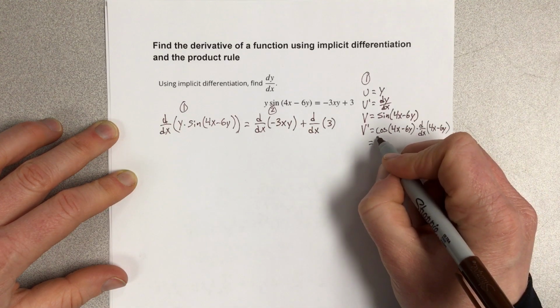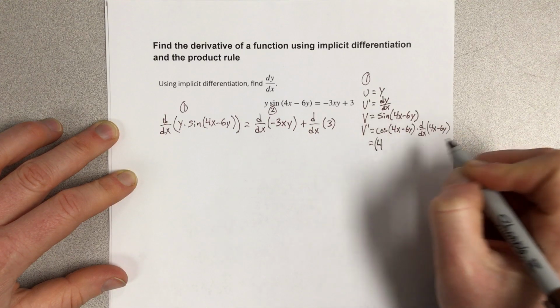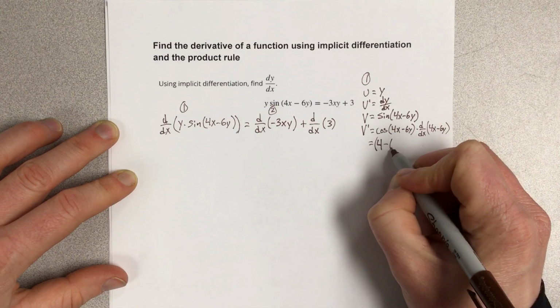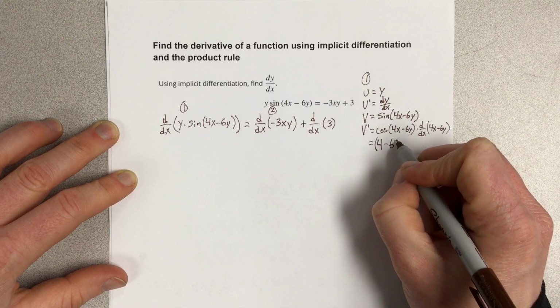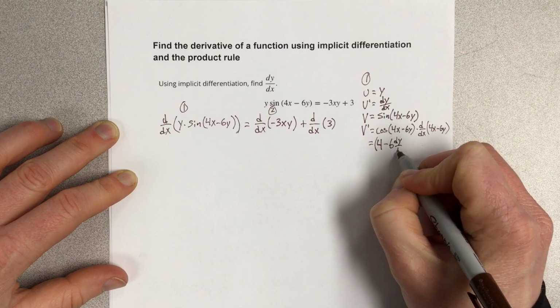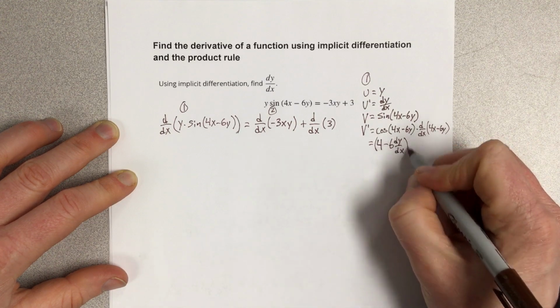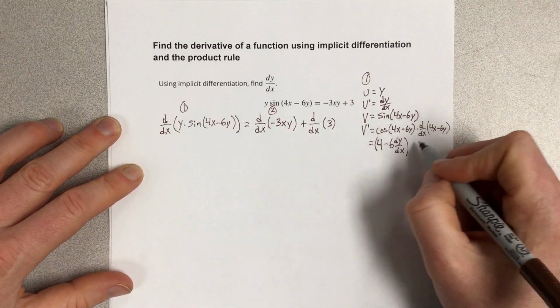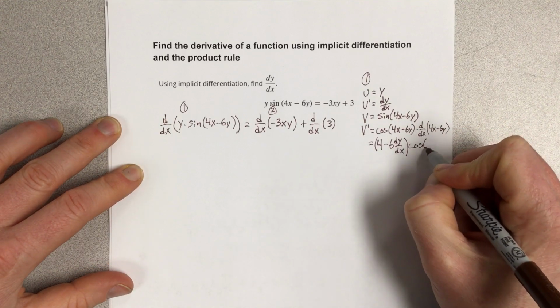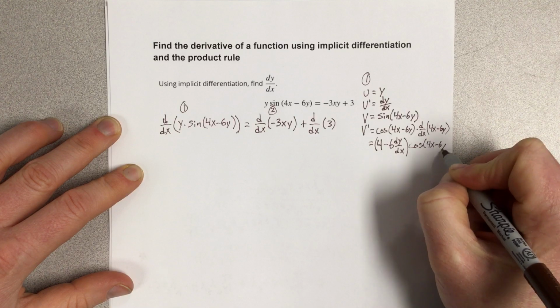So I'm going to write this as 4 minus 6 dy/dx. And then that would be cosine of 4x minus 6y.